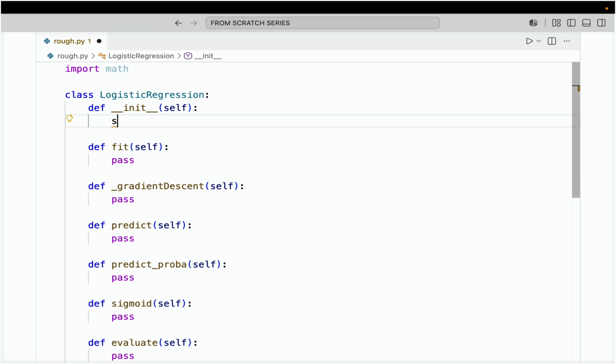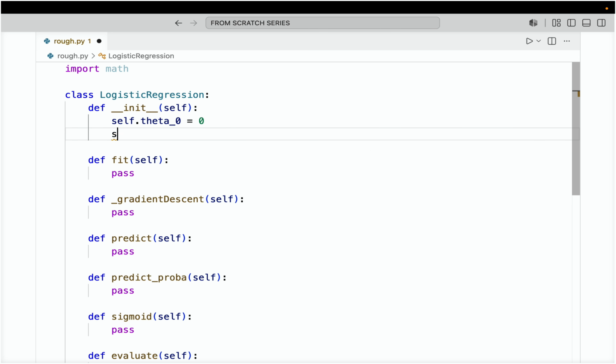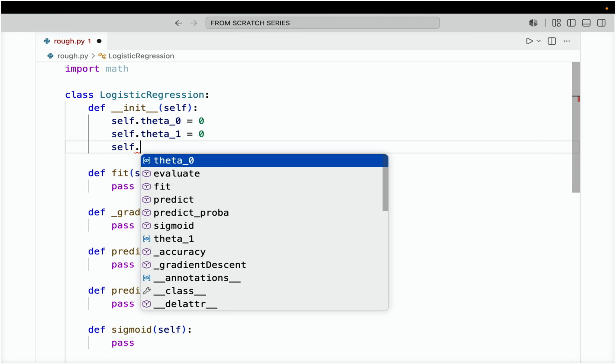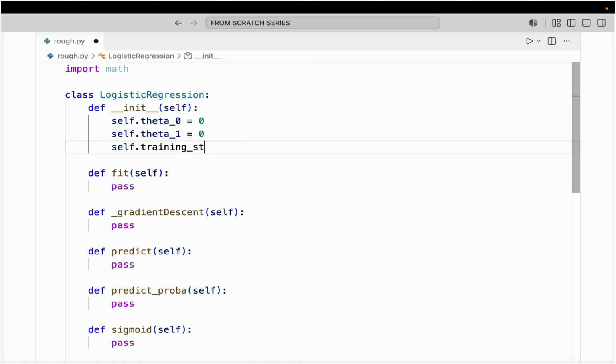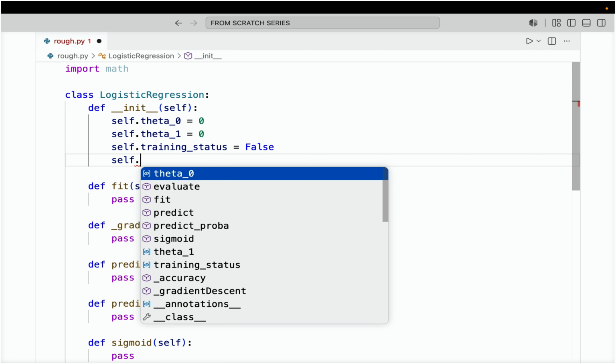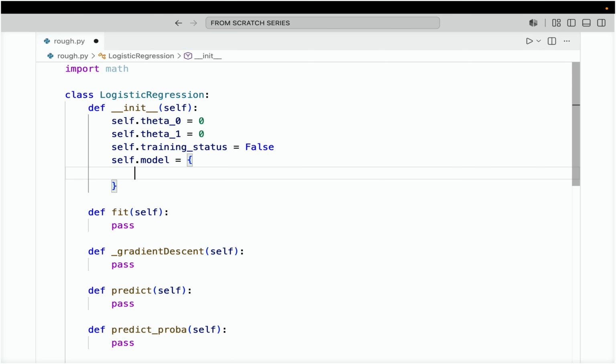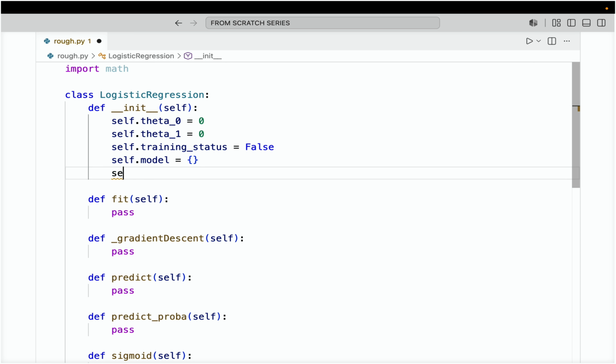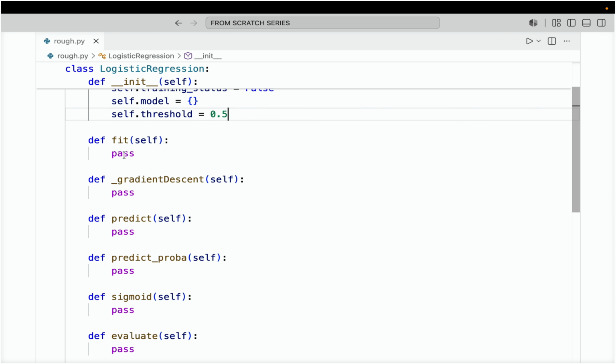Let's initialize self.theta0 to be 0, theta 1 to be 0, status to be false, and we'll need the threshold that we set to be 0.5. Yeah, that looks good.